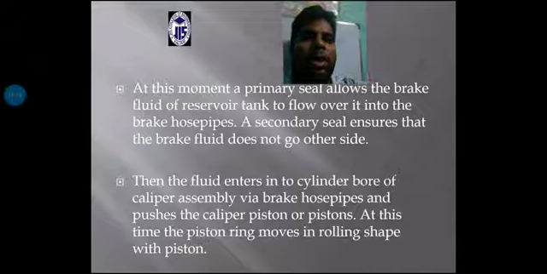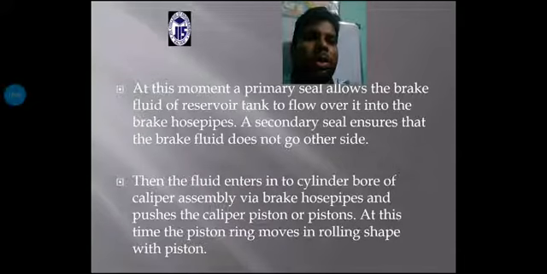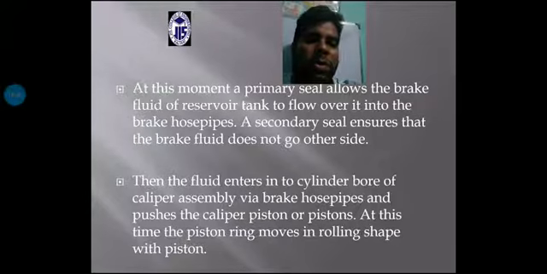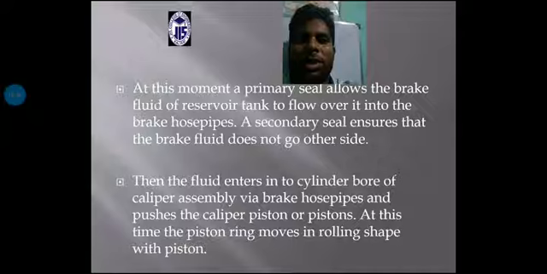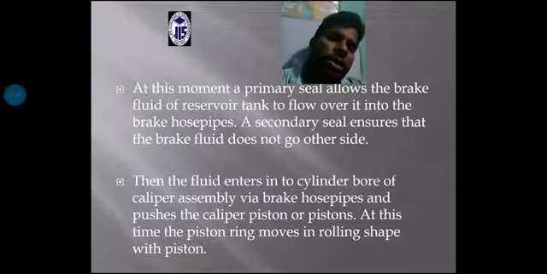At this moment, a primary seal allows the brake fluid from the reservoir tank to flow into the brake hose pipes, but a secondary seal ensures that the brake fluid does not go to the other side.